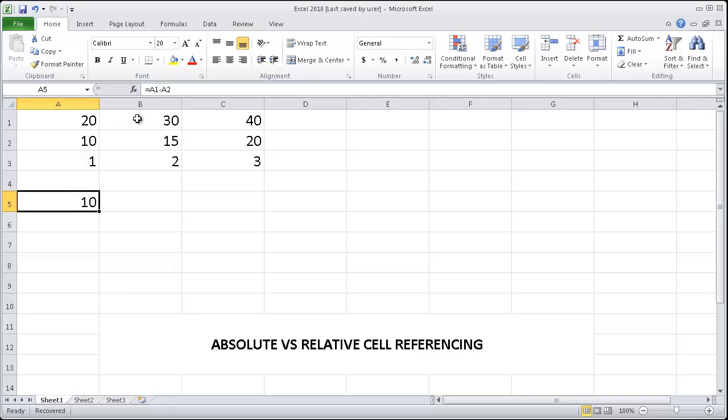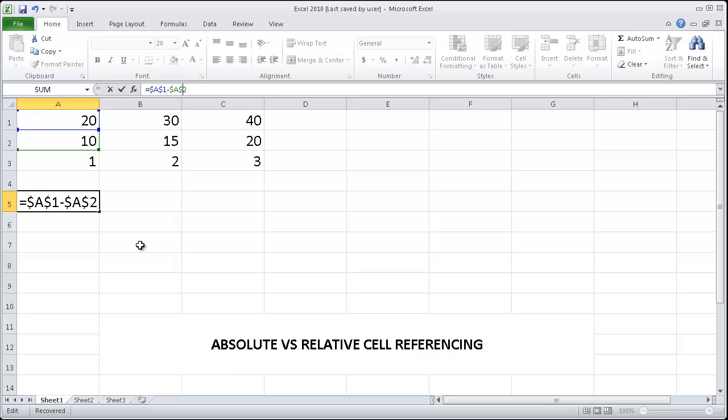The new idea is as follows. When we have this formula, equals A1 minus A2, if you stick a dollar sign in front of these, column A and row 1, row 2, the dollar sign means that it never changes. The cell that we refer to is absolute.